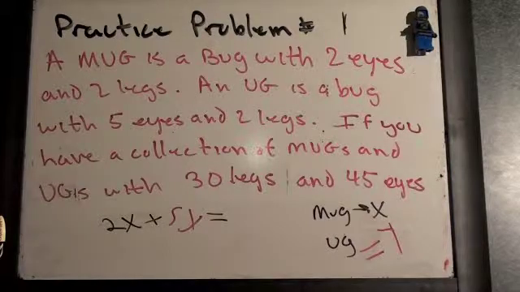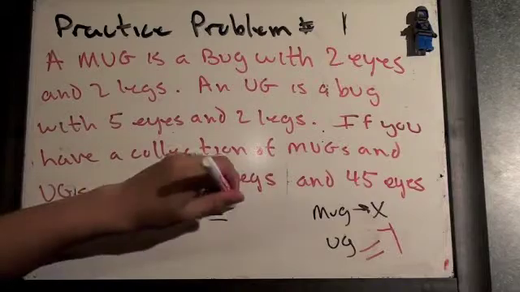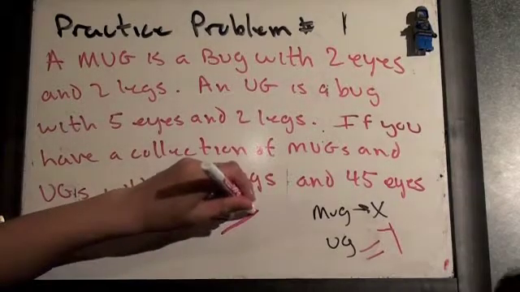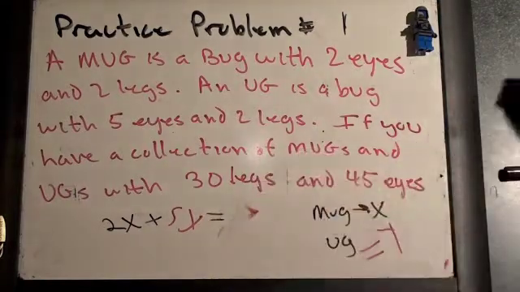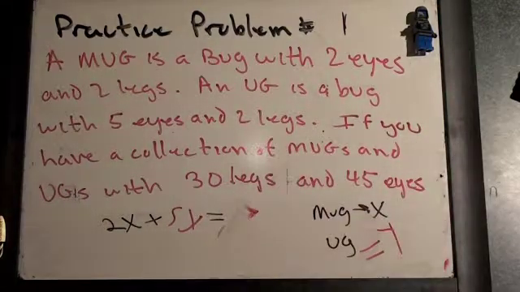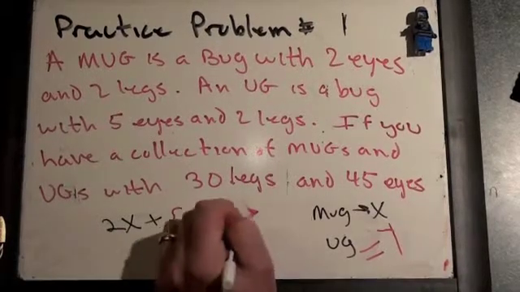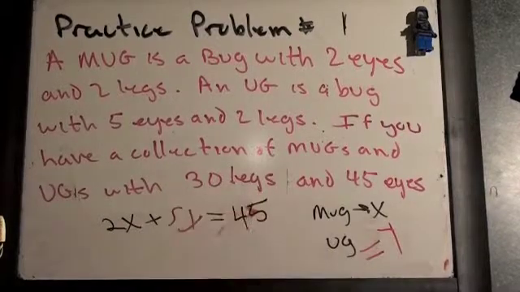How many total eyes are there in our collection of mugs and uggs? 30 legs and 45 eyes. Okay, so how many eyes are there? 45. Okay, so we know that 2x plus 5y equals 45.